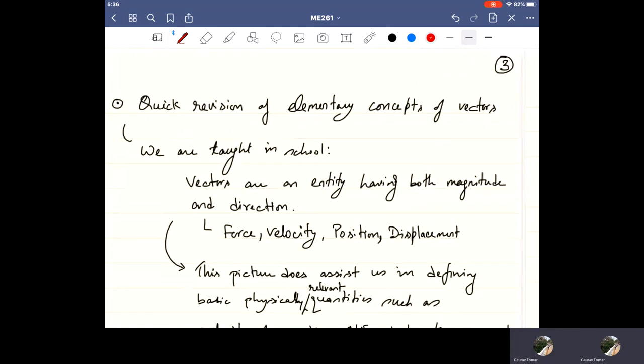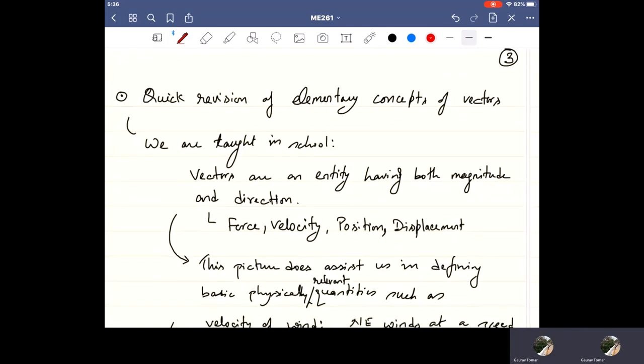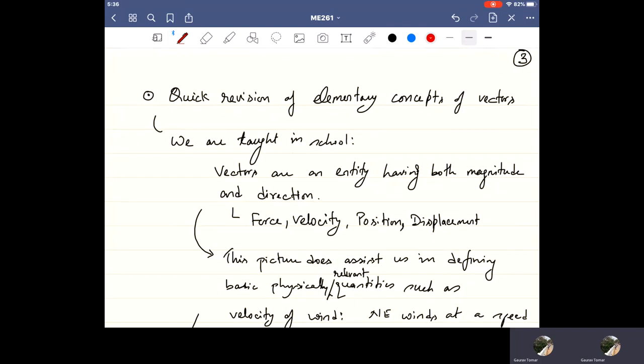Now, to begin with, we'll stick to the notion that you have of vectors. We'll look at elementary concepts of vectors first of all. Like in school, when we are taught, what are vectors? Vectors are entities that have magnitude and direction, right? This is not really an entirely correct thing.